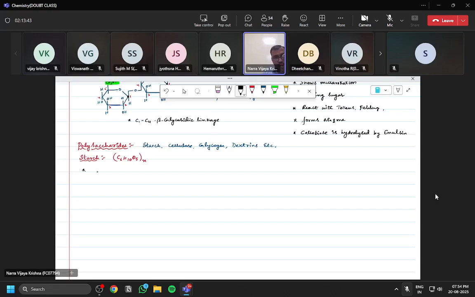Starch is present in all plants, especially in seeds.